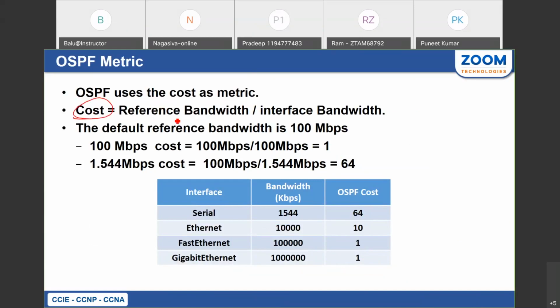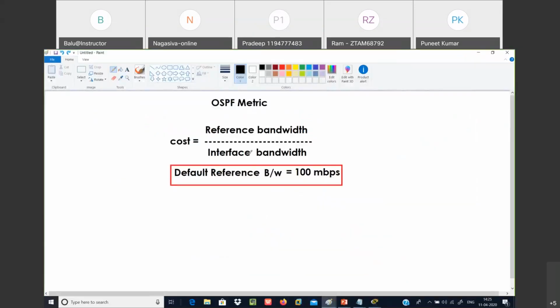Cost formula: reference bandwidth by interface bandwidth. Default reference bandwidth is 100 Mbps. Okay. So back to the calculation here. We know about reference bandwidth, 100 Mbps. Now let me check the interface bandwidth.